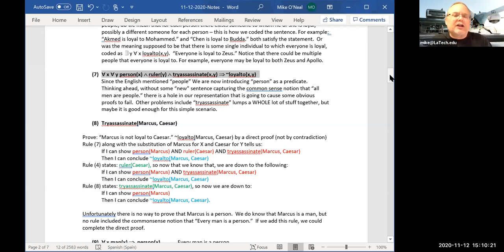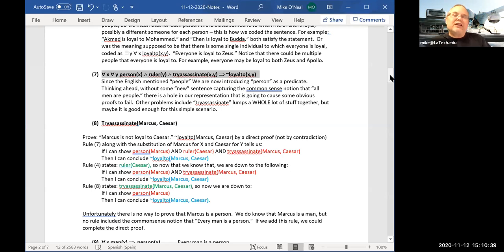So if I tried to prove that Marcus was not loyal to Caesar, one way I could do it is just use statement 7, which is an if statement, and try to use modus ponens. Basically, modus ponens says, you give me an if statement that's true. If the premise is also true, then the conclusion will be true.